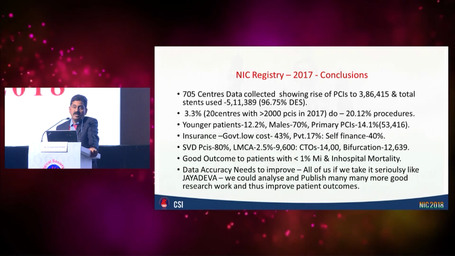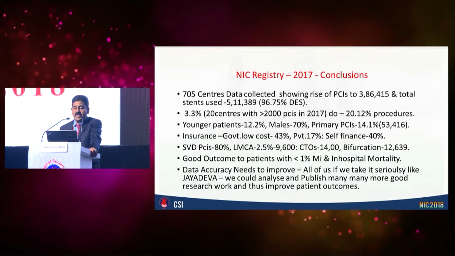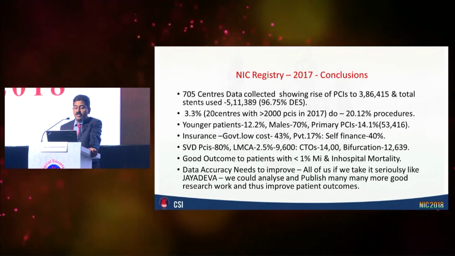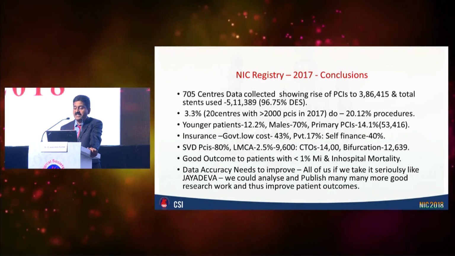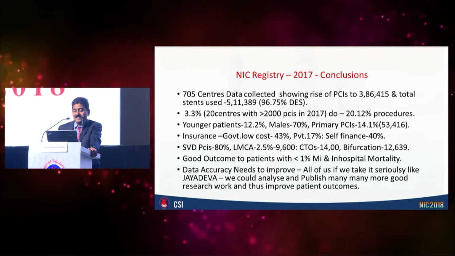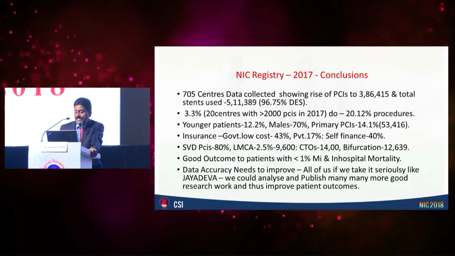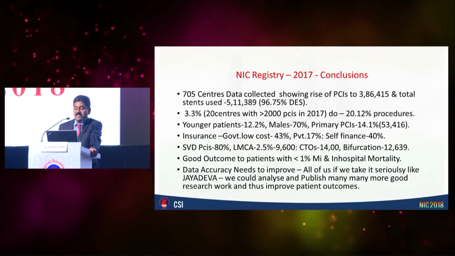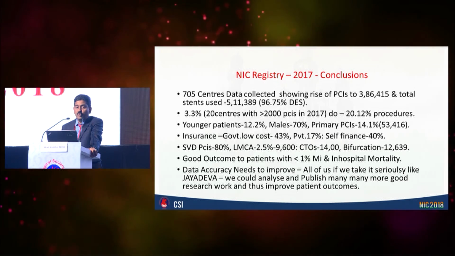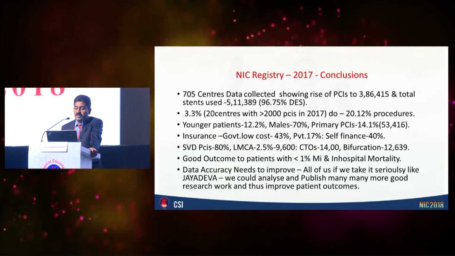To conclude, the gist of all the presentation which I made: we have collected data from 705 centers, showing a total of 3,86,000 PCIs, with stents used about 5,11,000 plus. About 3.3%, about 20 centers, are doing more than 2,000 PCIs. The leading center is Jayadeva. Younger patients are about 12%, but improving numbers are also noted in elderly patients.